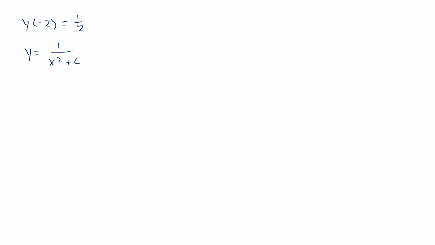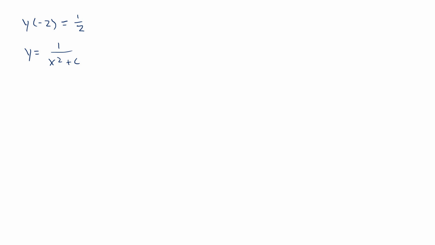Okay, so since we know that when x is -2, y is 1/2, we can substitute that into our general solution to find c. So let's do that.